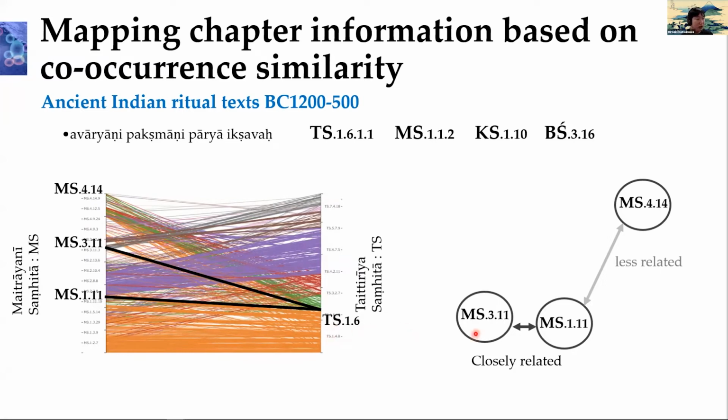It's considered that MS 3.11 and MS 1.11 are closely related, as shown in this figure. On the other hand, MS 4.14 doesn't share co-occurrence, so they are less related to MS 3.11 and MS 1.11.